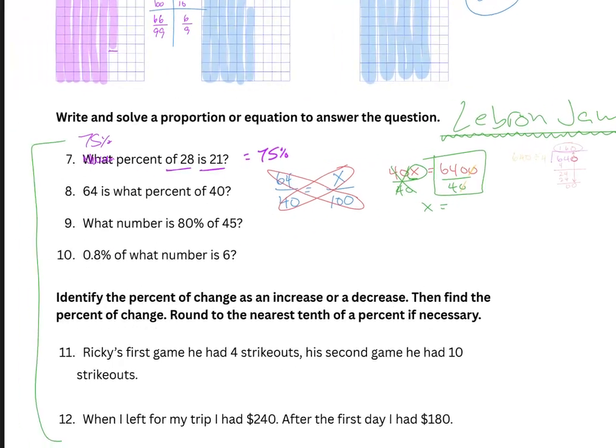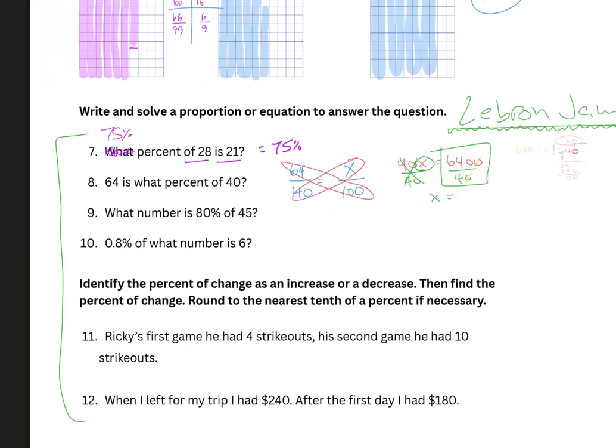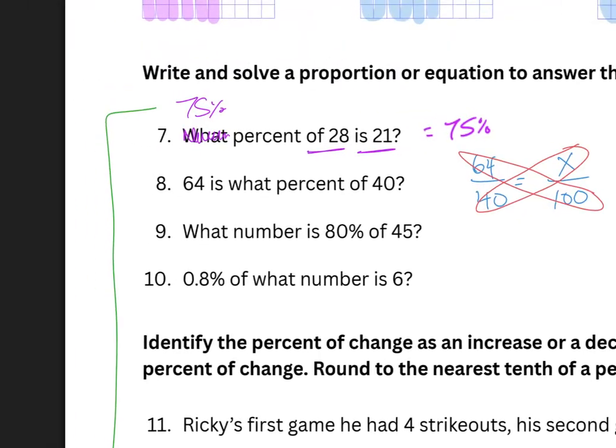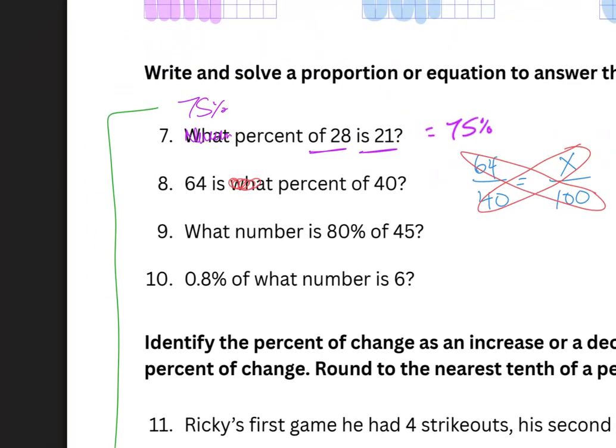It said 64 is what percent of 40? 64 is 160% of 40. Because do you know what 100% of 40 is? Well, 100% of 40 is 40. So to be bigger than 40 means this has got to be bigger than 100%.